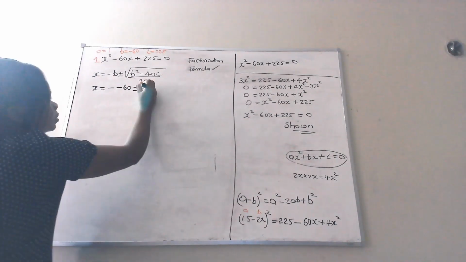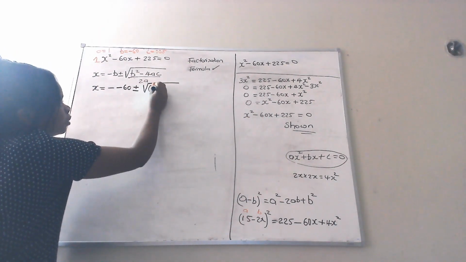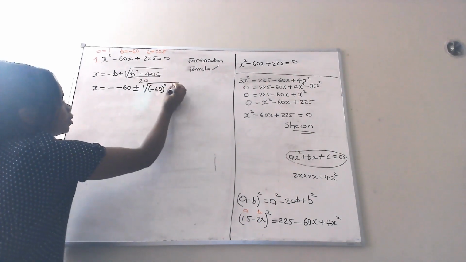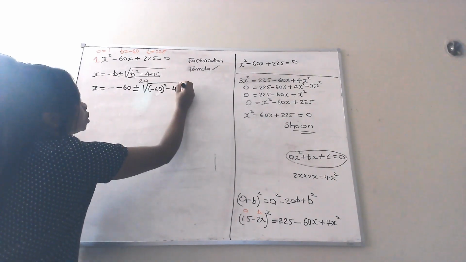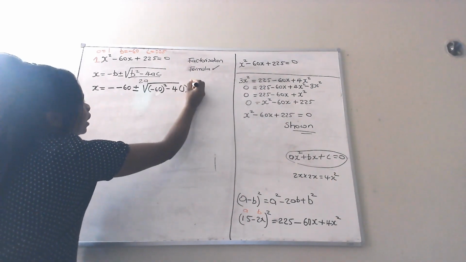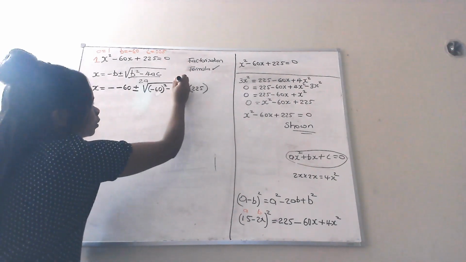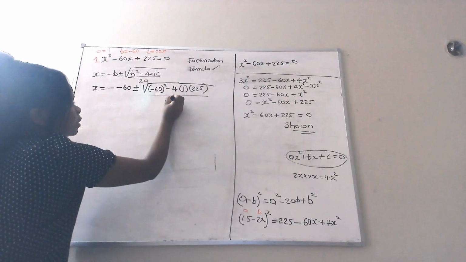Plus or minus the square root of b squared, which is minus 60 squared, minus 4 times a, which is 1, times c, which is 225, divided by 2 times a.